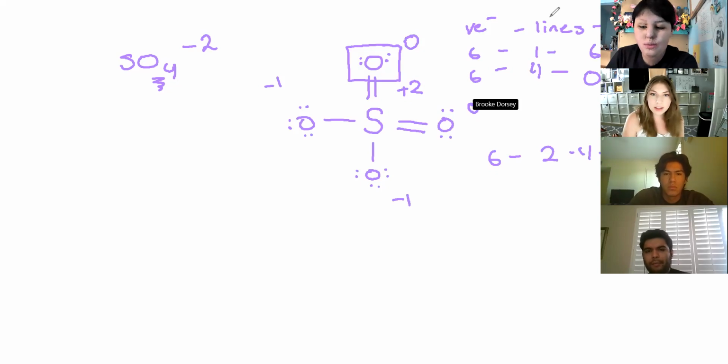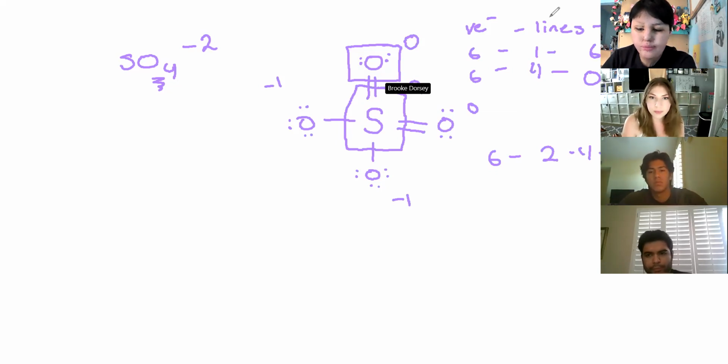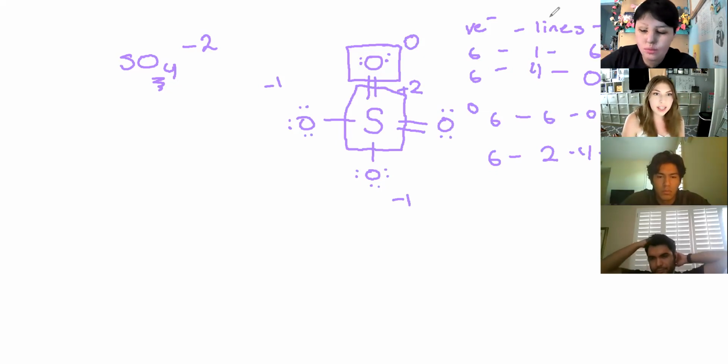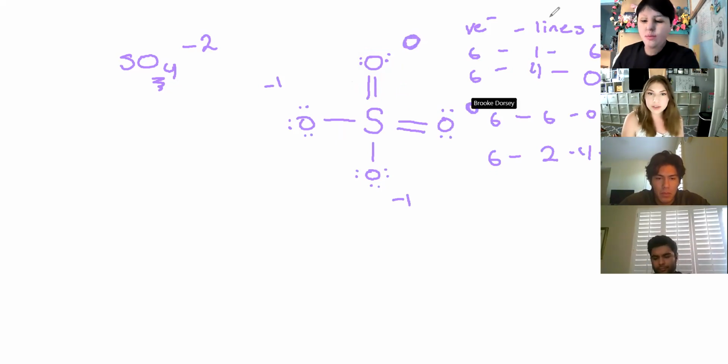Now let's take a look back at that sulfur, because when we double bonded, we not only affected the oxygen, but the sulfur as well. So looking at this, what's its formal charge? 0. Good. We had 6 valence minus, it now has 6 lines, and no dots, so it's 0. Yay. So we have a 0, a 0, a 0, and 2 negative ones.